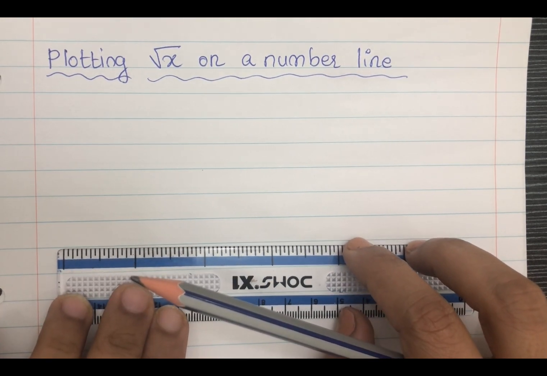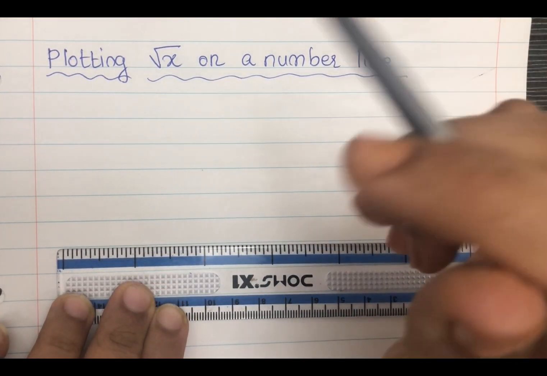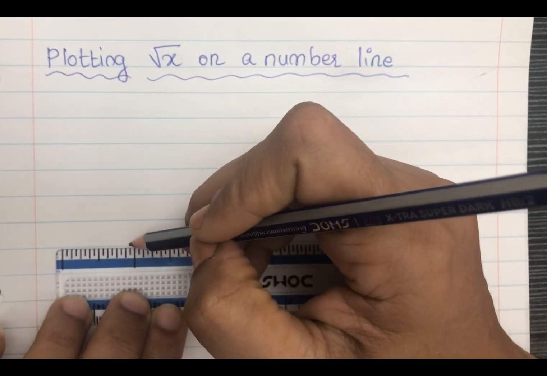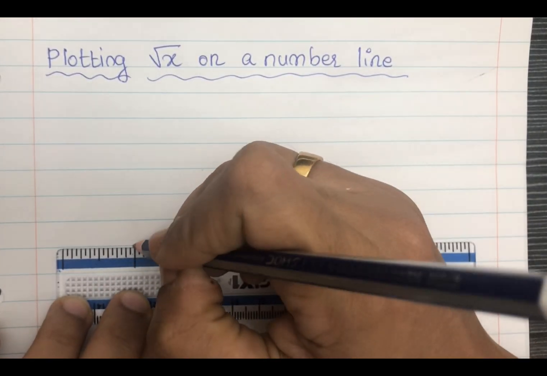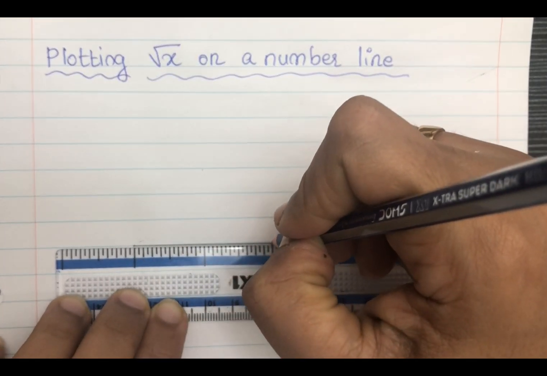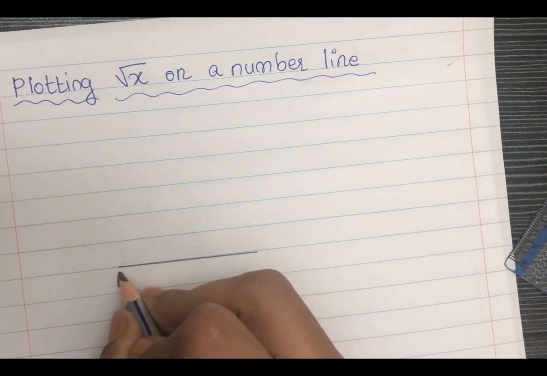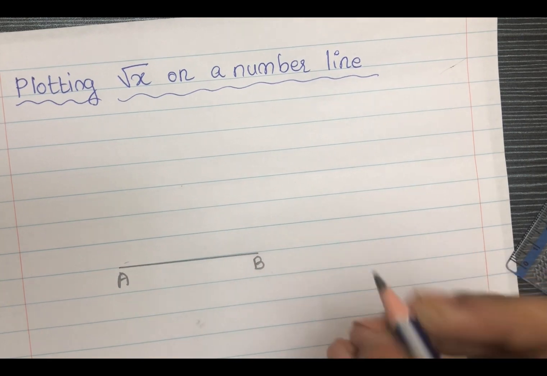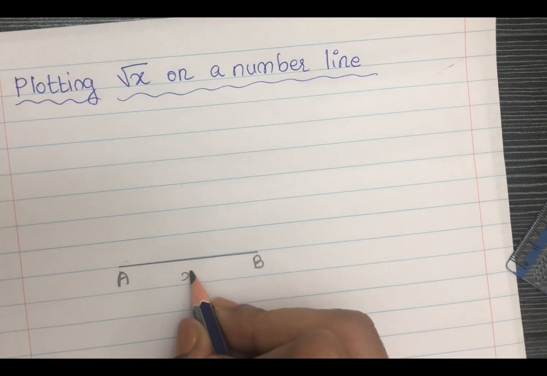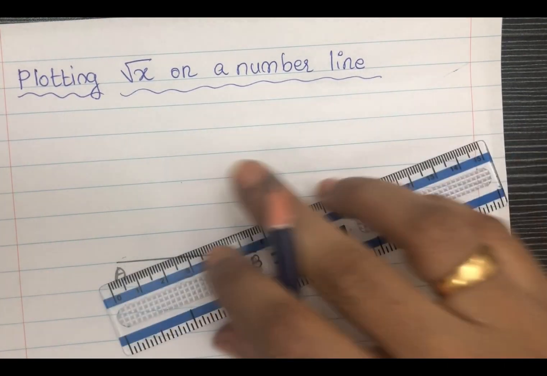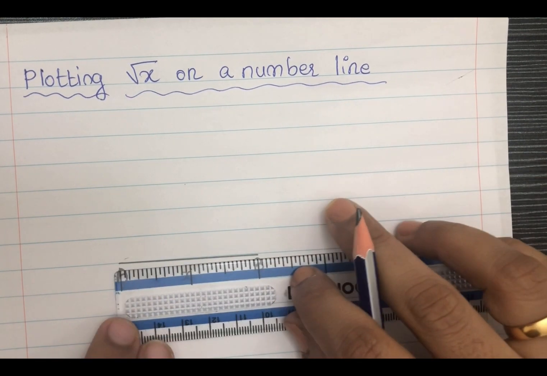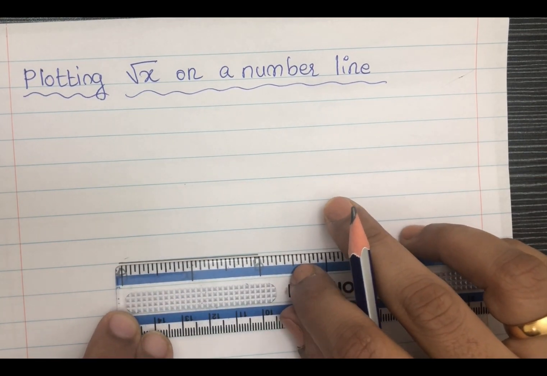Mark AB as x. We need to find root x. So this is x, A, B. Okay, we marked AB as x.